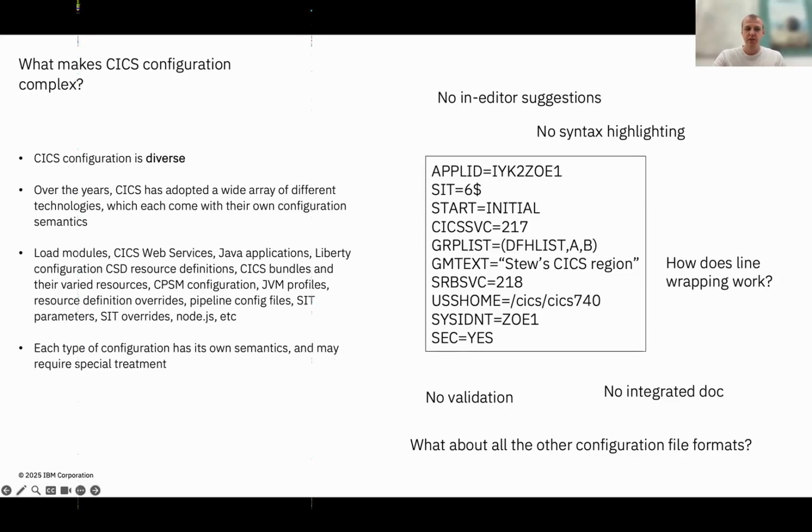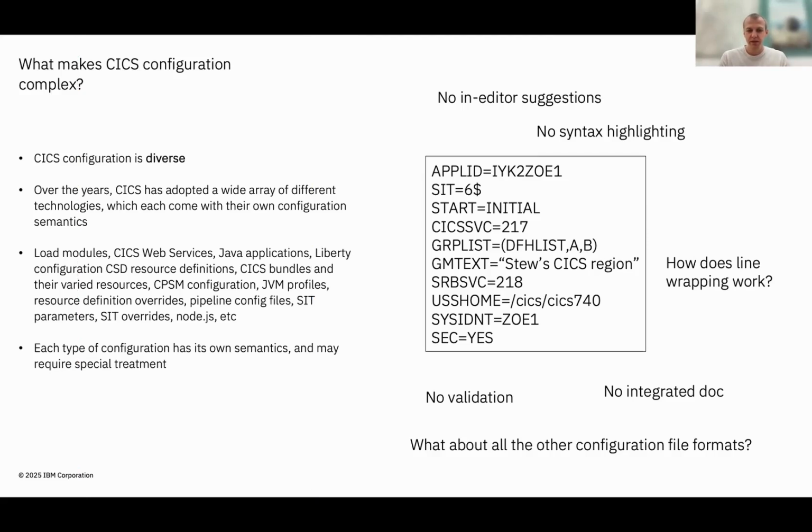There's no common configuration and understanding between each of those, and each requires some special treatment. We've got no in-editor suggestions for any of these, no syntax highlighting. We've got to go and look through the docs on how these work, and there's no validation on these parts. This here is just some SIP parameters, an example of one of these parts that you have to configure as part of bringing up your CICS region.